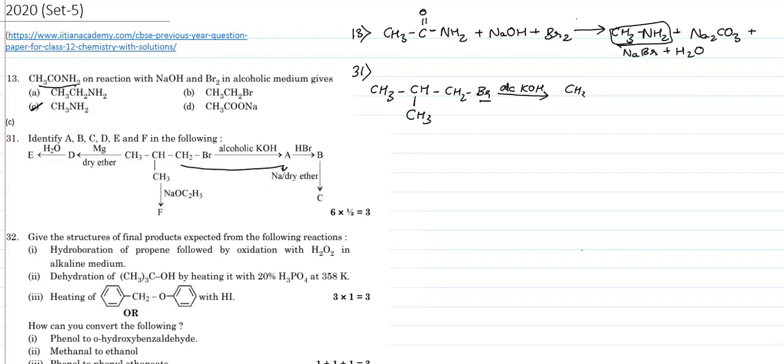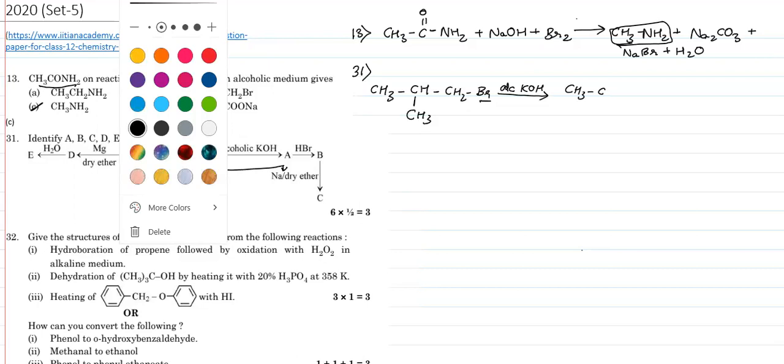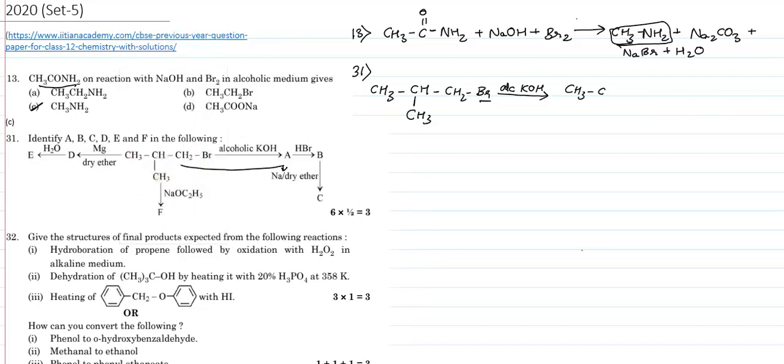So CH3, C, then you have another CH3, double bond CH2. So this is the alkene that is formed.